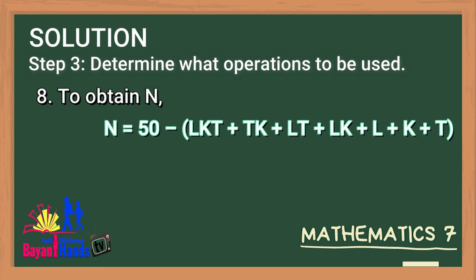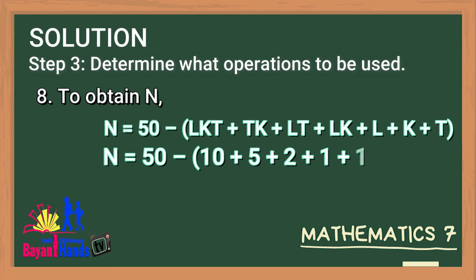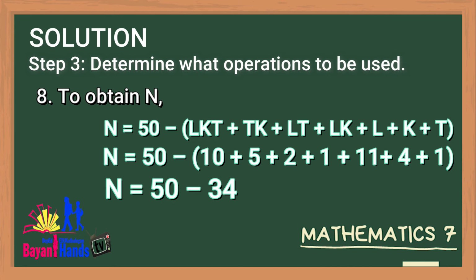That's LKT plus TK plus LT plus LK plus L plus K plus T, or 10 plus 5 plus 2 plus 1 plus 11 plus 4 plus 1 equal to 34.